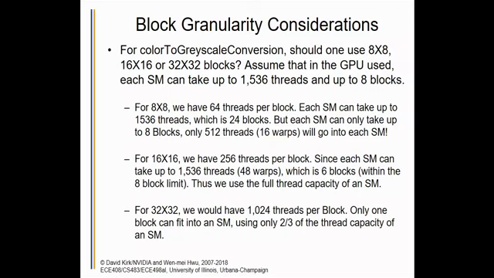So we only need to take in 6 thread blocks to fully utilize all the thread capacity. 6 and 1,536 is exactly the capacity. It still fits into the capacity of 1,536 and 8. So in this case, the block capacity does not kick in, right? The block capacity has 8, and you only need 6 to be able to bring in everything.